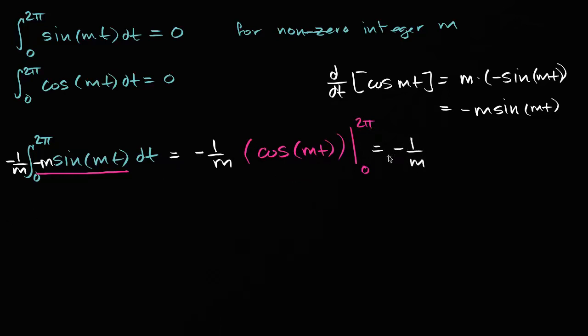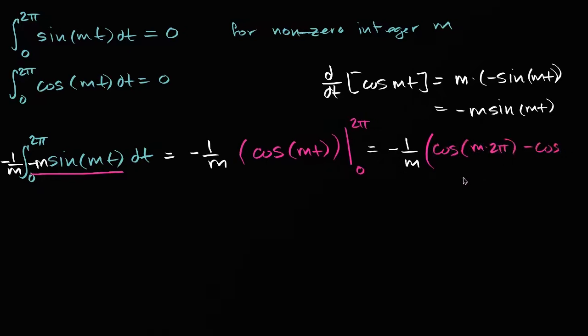So this is going to be equal to negative 1 over m times cosine of m times 2 pi minus cosine of m times 0, which we could just write as 0.